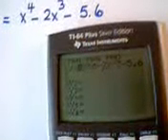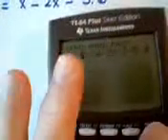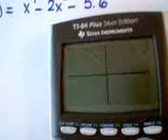X caret 4 minus sign 2x caret 3 for 2x cubed minus 5.6. Okay, that's our function. X to the 4th minus 2x cubed minus 5.6, and we're going to push the graph button.